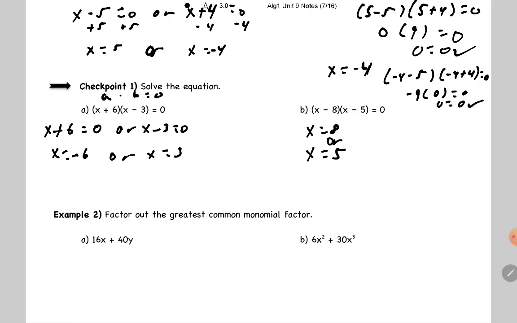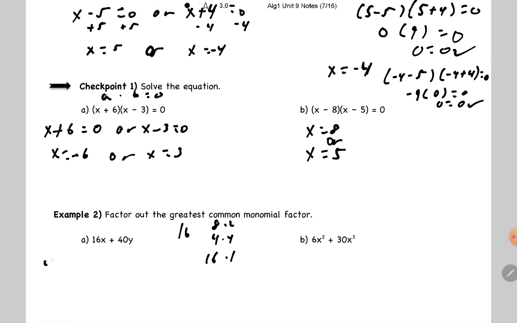So we're talking about factors. If I looked at 16, what can that be broken down into? 8 and 2. So factors of 16 could be 8 times 2, 4 times 4, and 16 and 1.